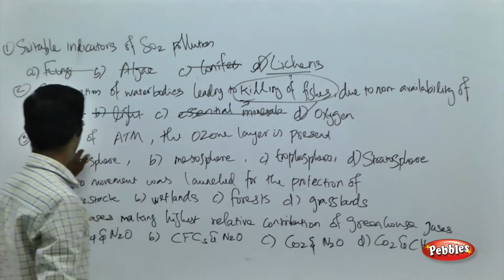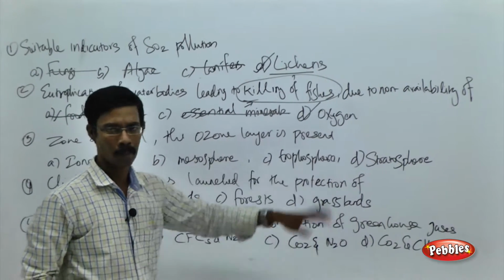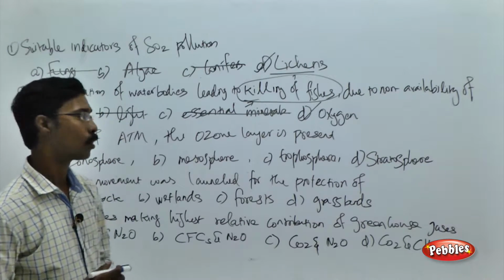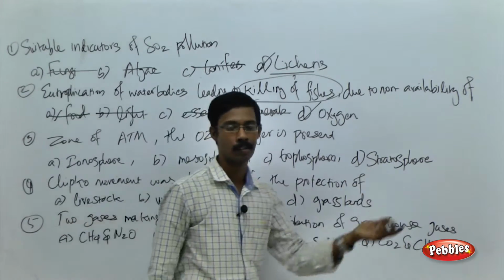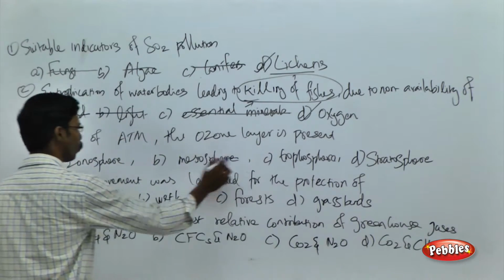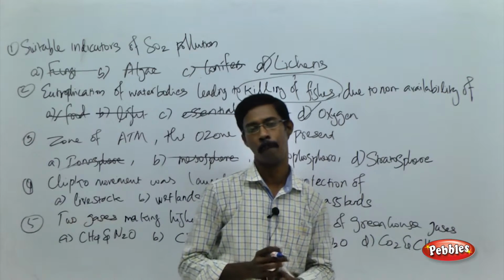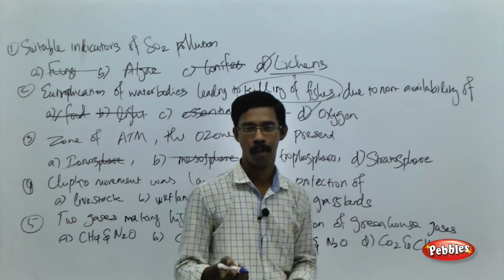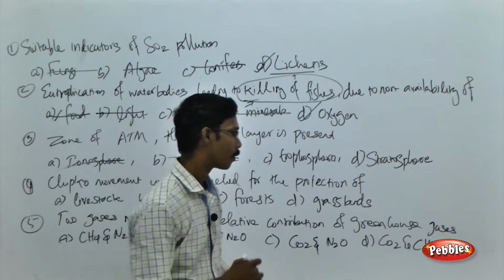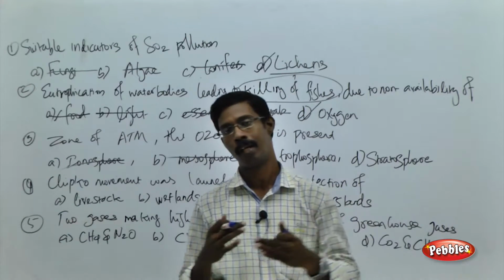Fine. See the next question: the zone of atmosphere in which the ozone layer is present. See the choices: ionosphere, mesosphere, troposphere and stratosphere. You can easily eliminate the meso and iono, and you have to choose between the troposphere and stratosphere. In both layers, troposphere and stratosphere, the ozone is present, but we can divide the ozone into two categories, good ozone and bad ozone.